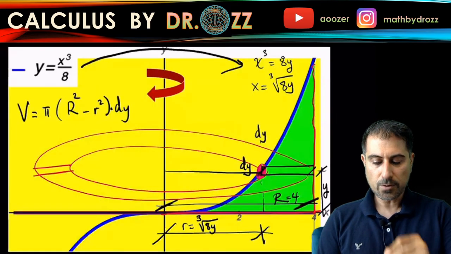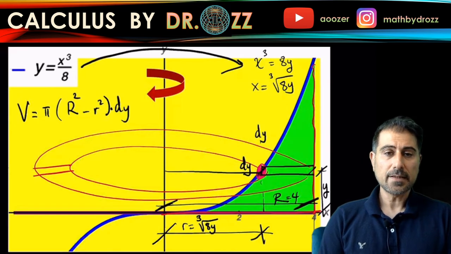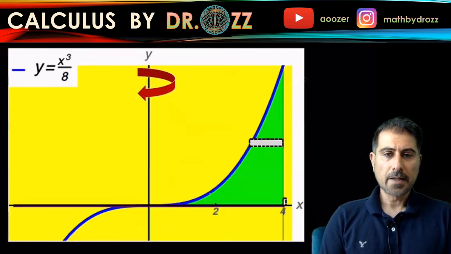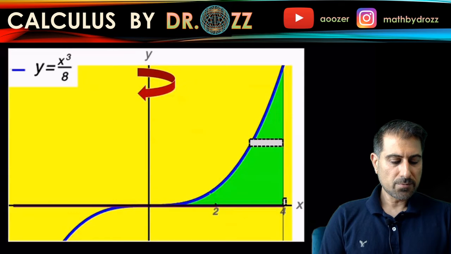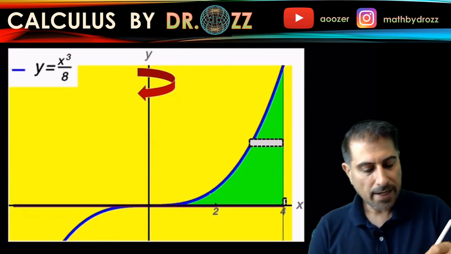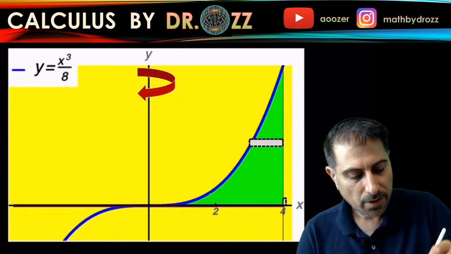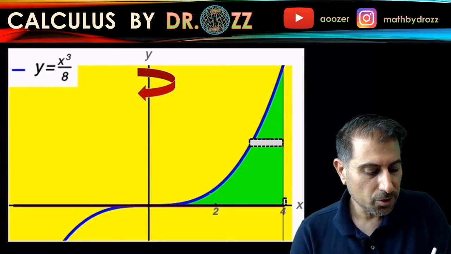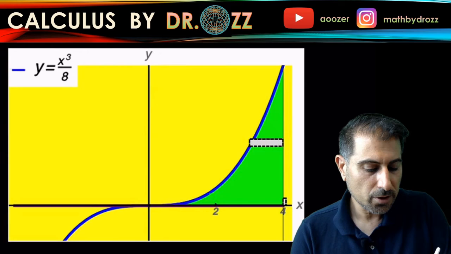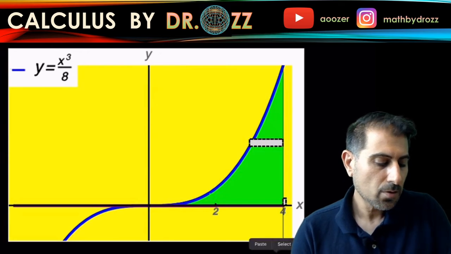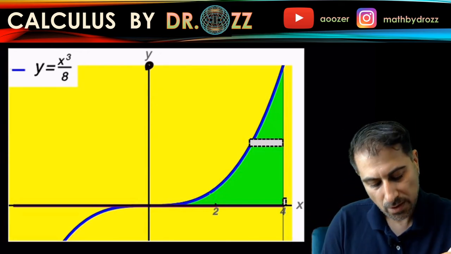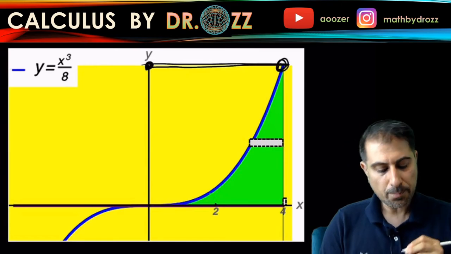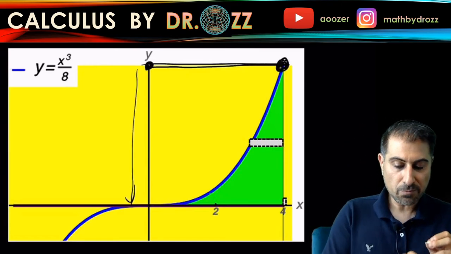Let me just work on a cleaner version of this graph. There we go. So the y's within the region are changing in between 0 and something, but we have to find that out.